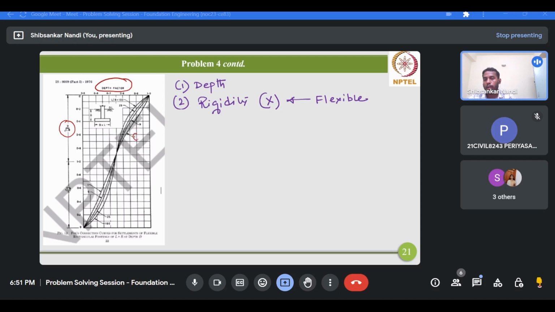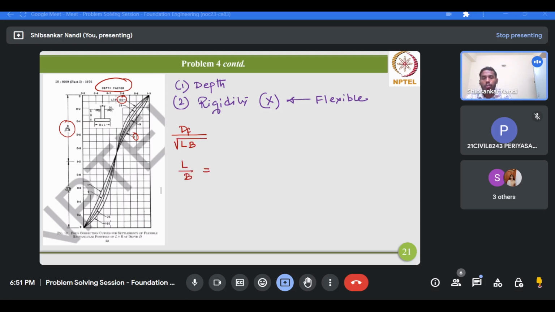So this is 1 and this is 100. Therefore, to obtain the depth correction factor from this figure, we have to calculate first two normalized values.